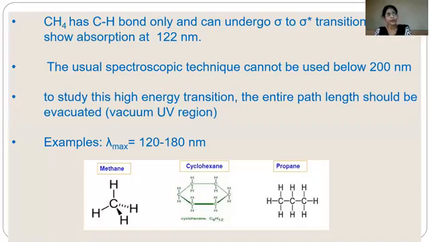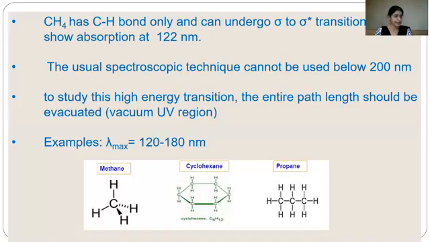So to study this high energy transition, the entire path length should be evacuated. First, we have to create a vacuum there. We have to remove all the atmospheric gases from the instrument. Then we can take the spectrum. That's why this part of the ultraviolet region is known as the vacuum UV region.